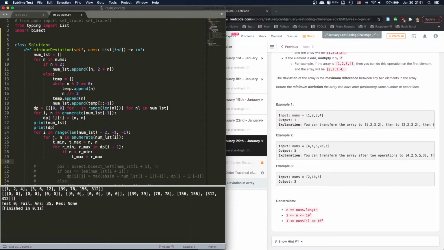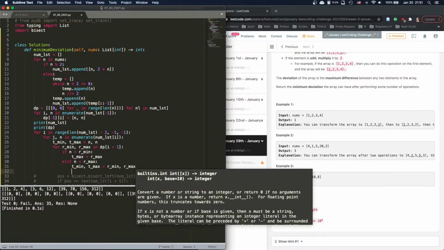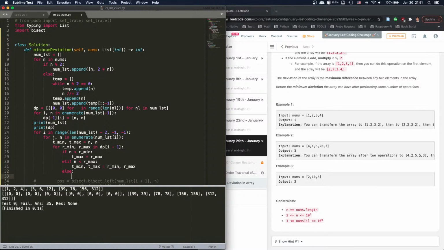Alright, now n is not larger and equal to this, so elif n is smaller than r max, then P min, P max equals r min, r max, and else, if n is larger or equal to r max.